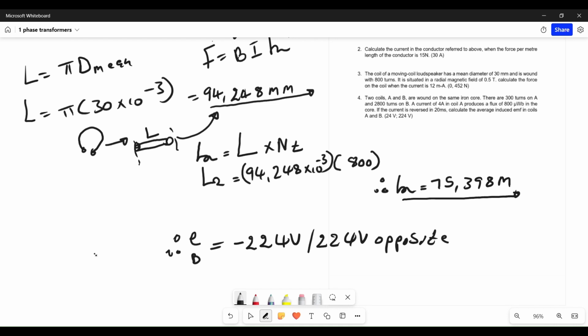So now we know the length of our coil, the coil that we are dealing with.